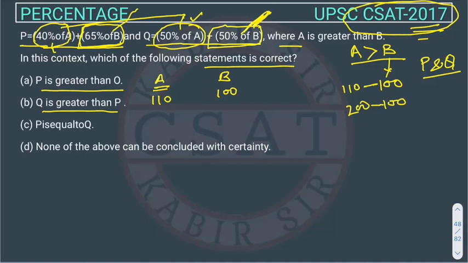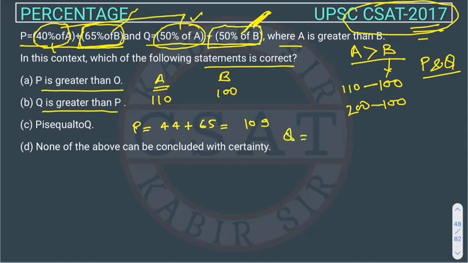So what P value will we get? P will be 40% of A. 40% of 110 is 44, plus 65% of B, which is 65, so the total will be 109. And what will be the value of Q?